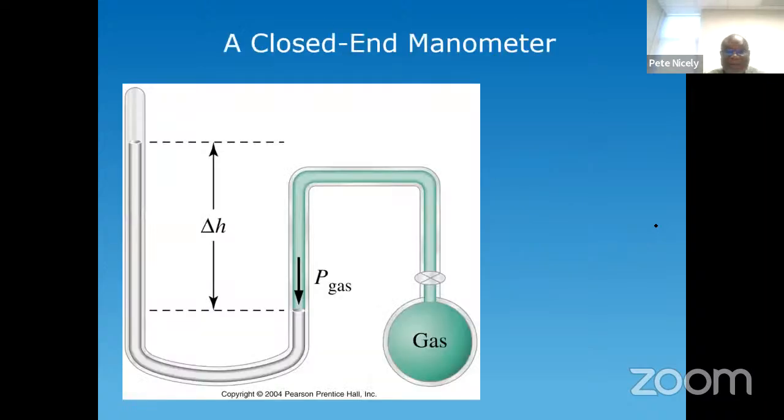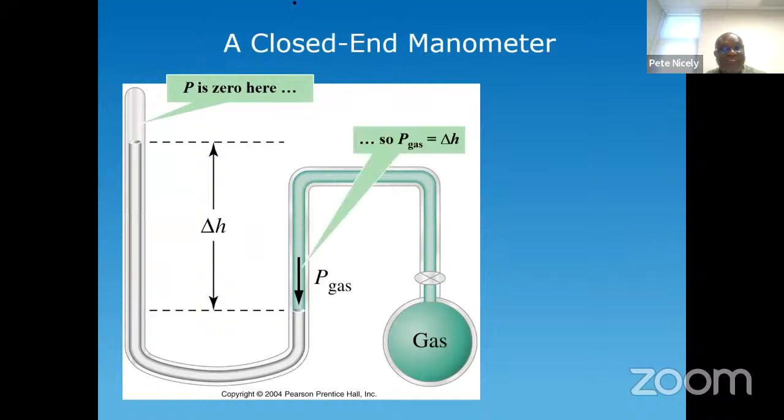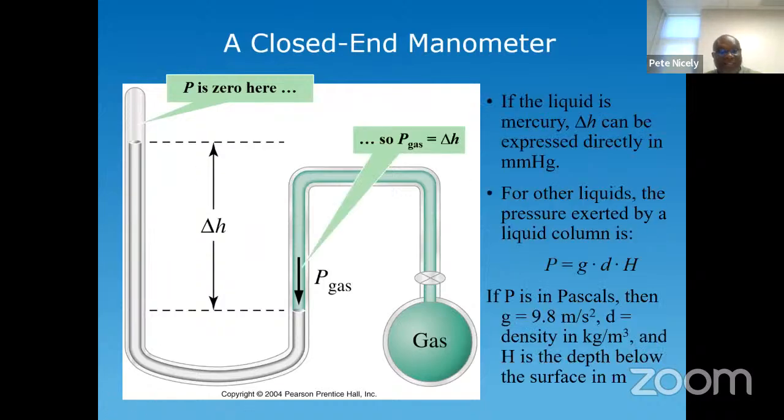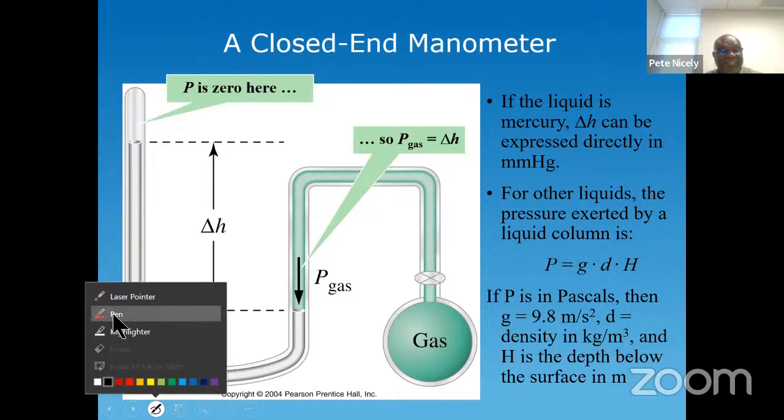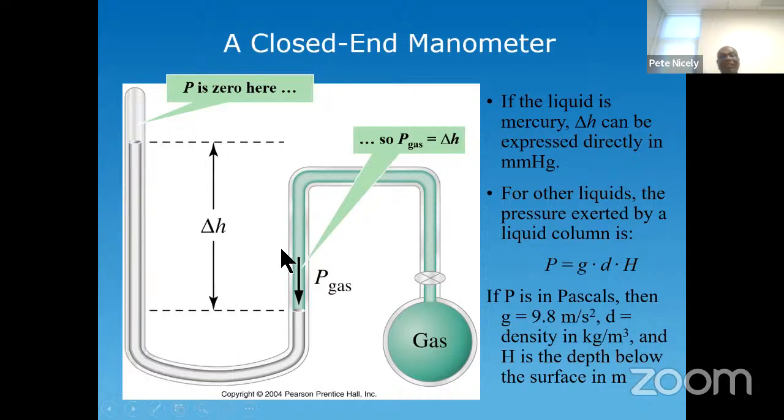So what we're talking about is something looking like this. This schematic diagram here is representing what is known as a closed-end manometer, right? So basically, it consists of a U-shaped tube. One end is closed right here, which contains mercury, and the other end is connected to your container, which has the gas that you're trying to measure the pressure of.